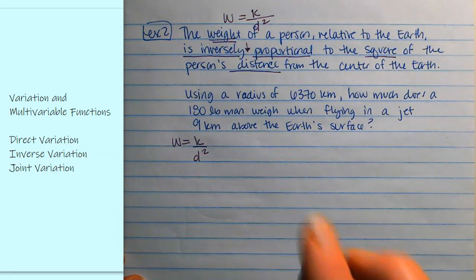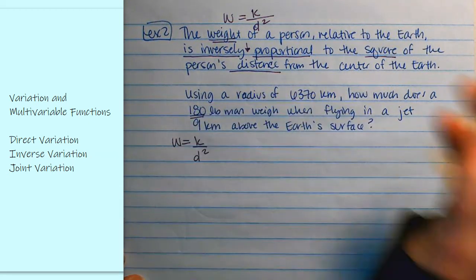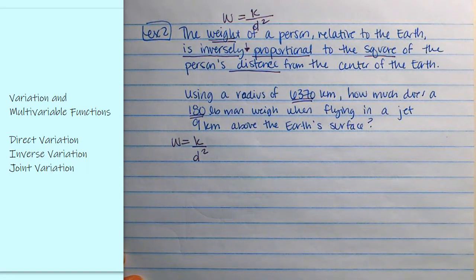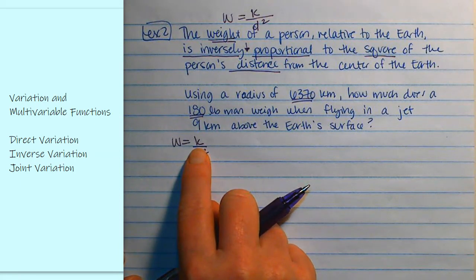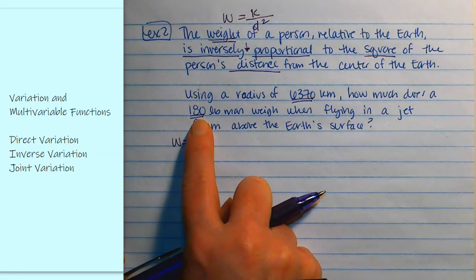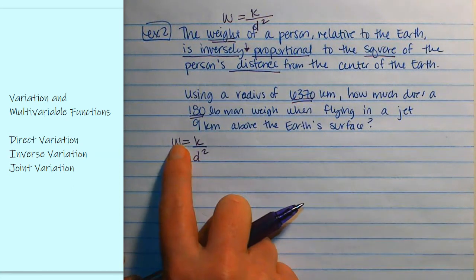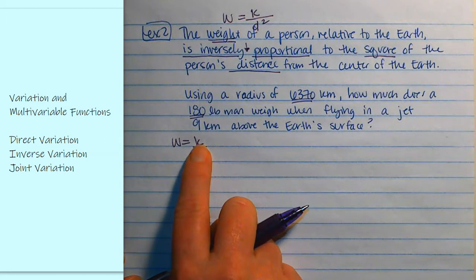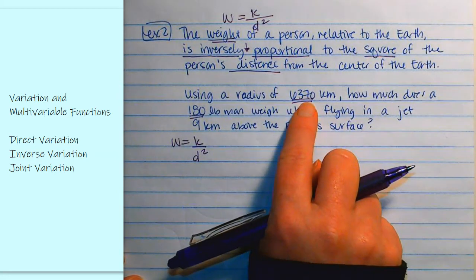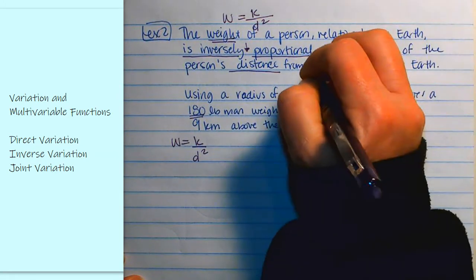So we're going to plug in the 180 and what we know to be the distance and find out what the K is here, because we don't know the weight that goes with the 9. So we're going to use the weight that goes with the distance we know. So that's weight and distance we know. We'll be able to find K. Because obviously, here's the Earth.